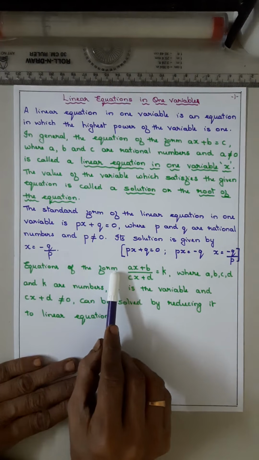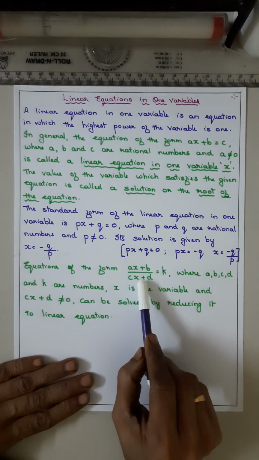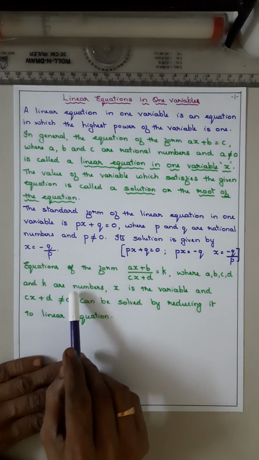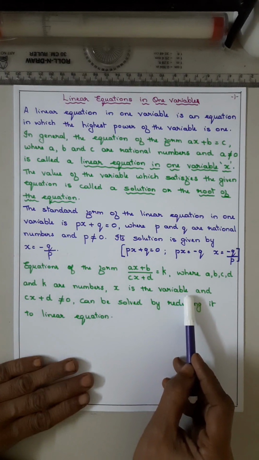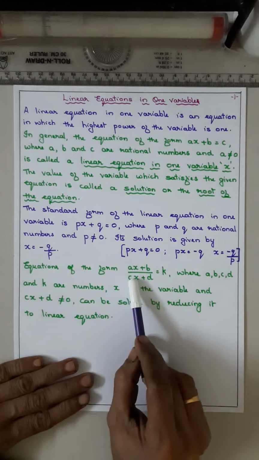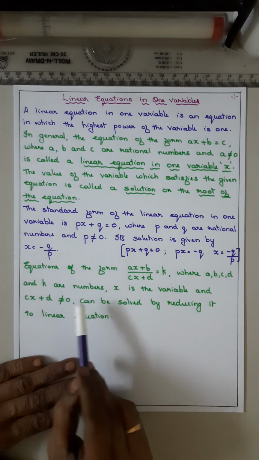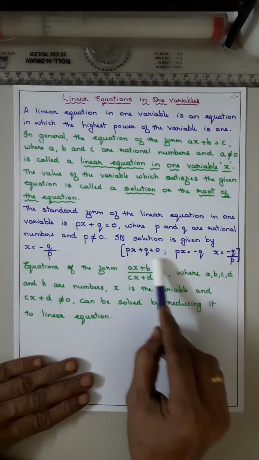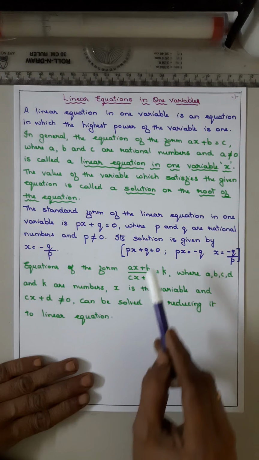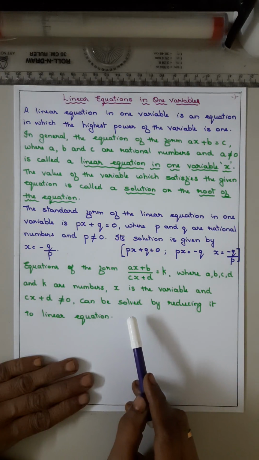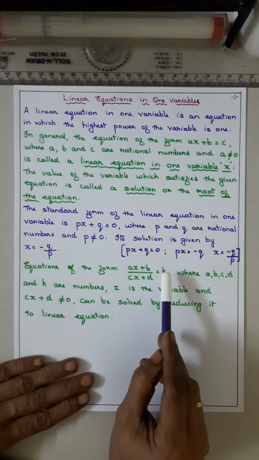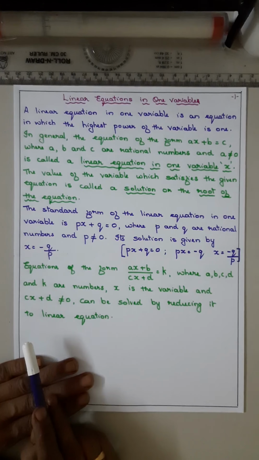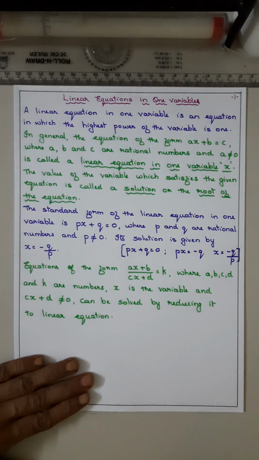Now, equations of the form ax plus b upon cx plus d is equal to k, where a, b, c, d and k are numbers and x is the variable, and the denominator cx plus d is not equal to 0, can be solved by reducing them to a linear equation. In this lesson, we are solving equations of this type. The numerator upon the denominator is equal to some rational number.